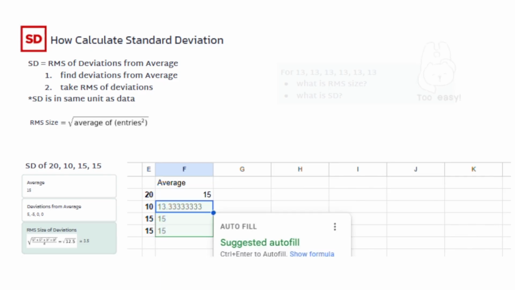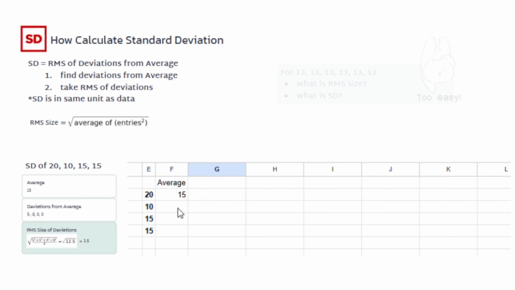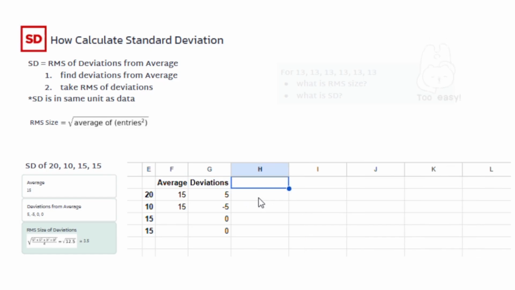Now you want to find out the deviations. So one by one for each number, for each cell, you subtract from the average each of the data, and that is your deviation, the list of deviations. Now you want to find out the RMS of these deviations. How do you do the RMS of these deviations? You first square them.